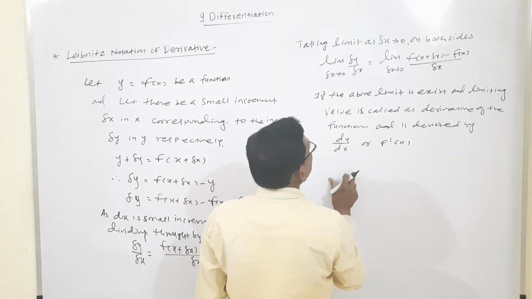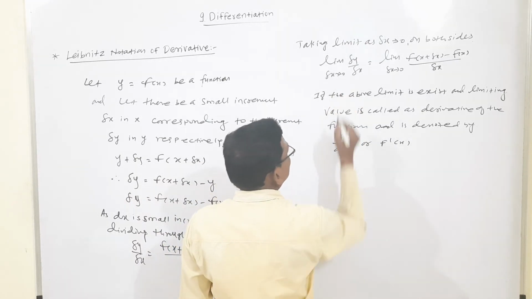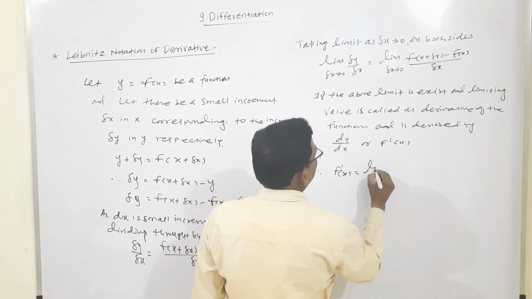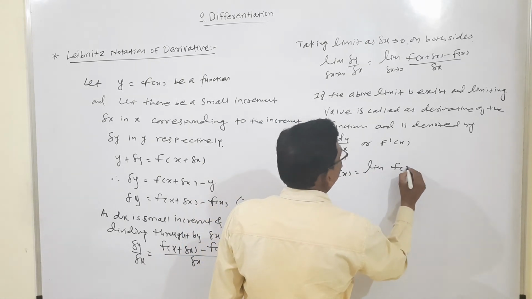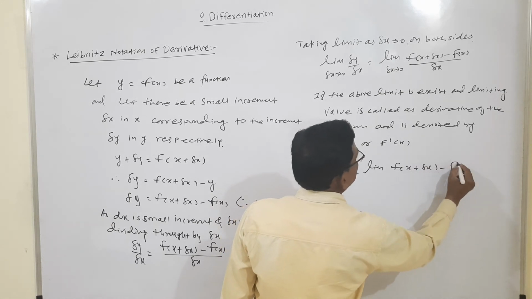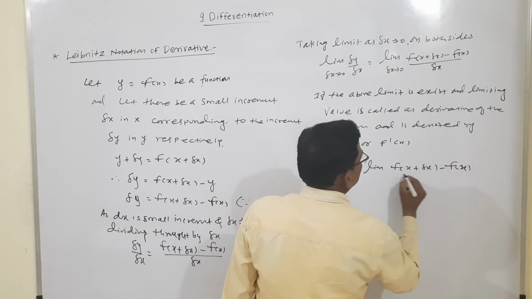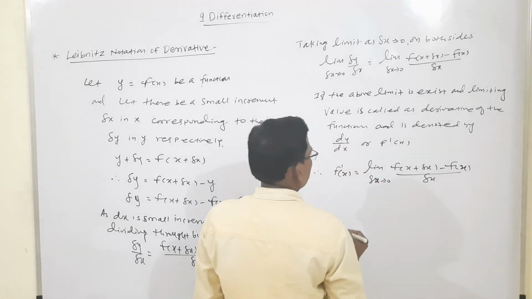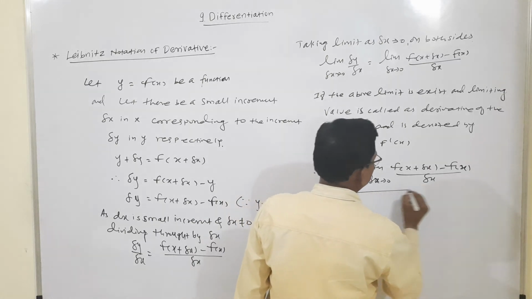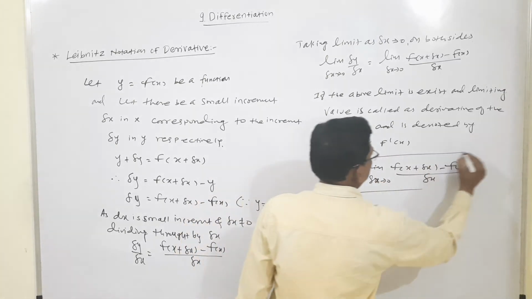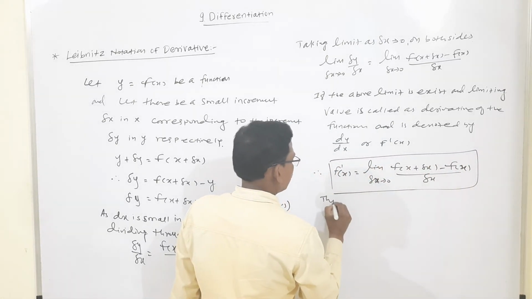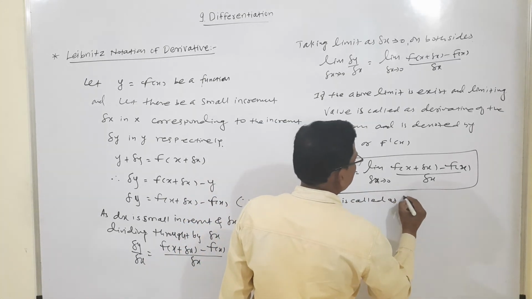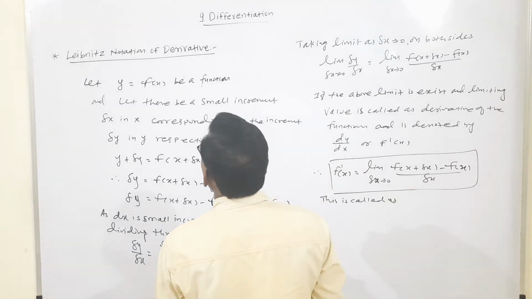So f dash x is equal to the limit of f of x plus delta x minus f of x upon delta x, as delta x tends to 0, and this is called the Leibniz notation of derivative.